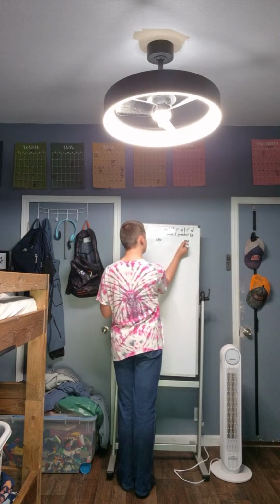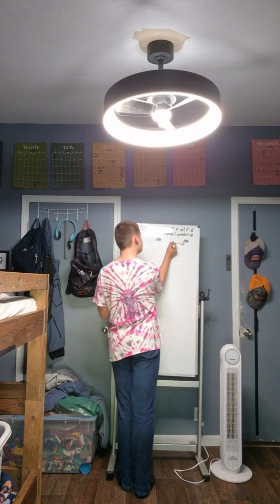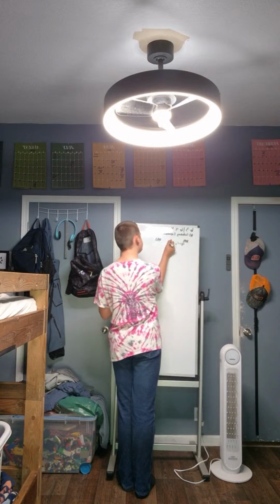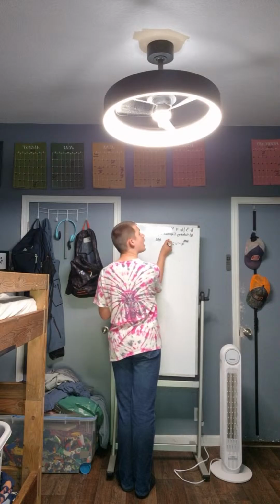9 to the power of x plus 1 equals 27 to the power of 2x minus 5.